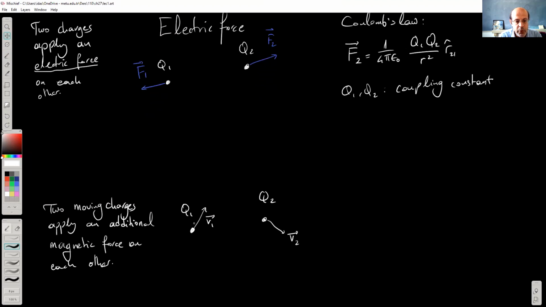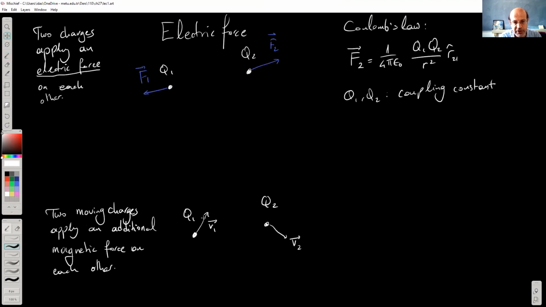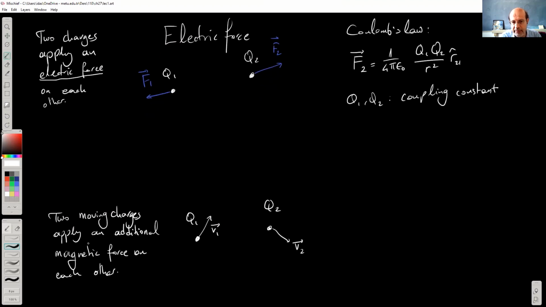In any case, the magnetic force is quite similar to the electric force, but it's basically 2 moving charges that apply this force. As a result, 2 stationary charges do not show any magnetic force. They only apply an electric force to each other.